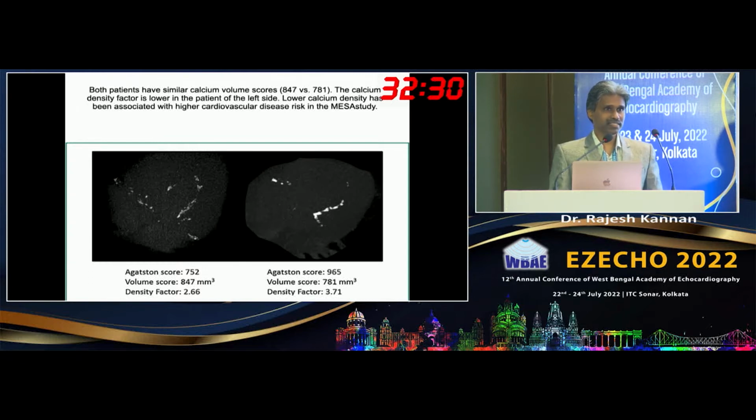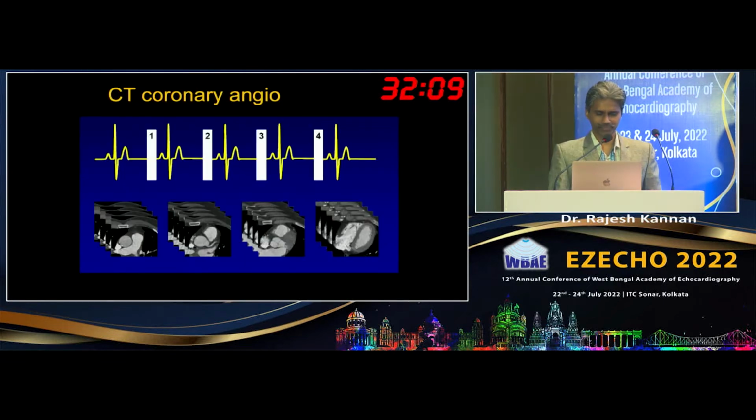If the patient has high volume but very low density, they are more prone to high risk of cardiovascular disease, as shown in the MESA study. So not only the score, we can also look at the density factor; low density is riskier than high density.